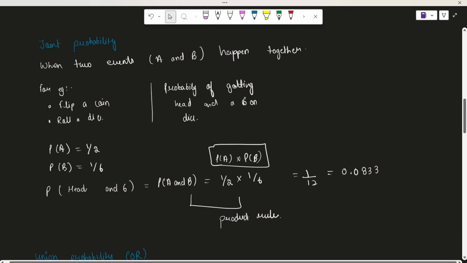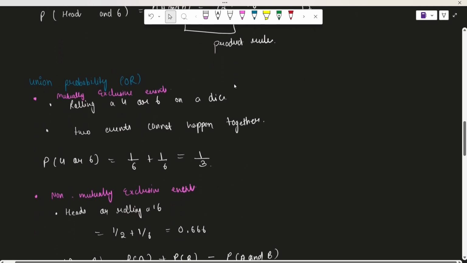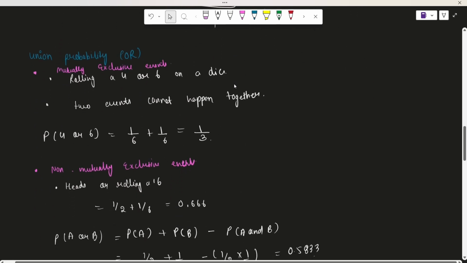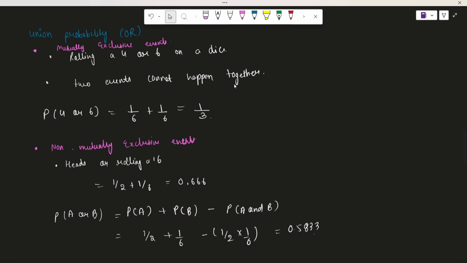Then we covered joint probability. In this, two events occur together, and we multiply both events' probabilities if the two events are independent of each other, and this is known as the product rule. Then we talked about union probability. In this, we basically take "or", and here we have two types. First is mutually exclusive events, where two events cannot happen together.